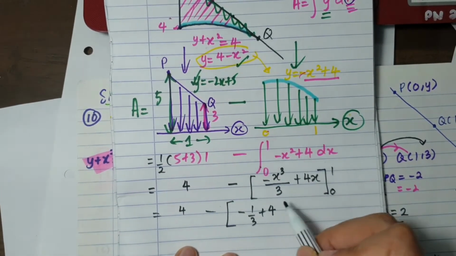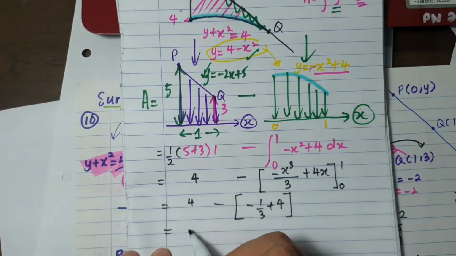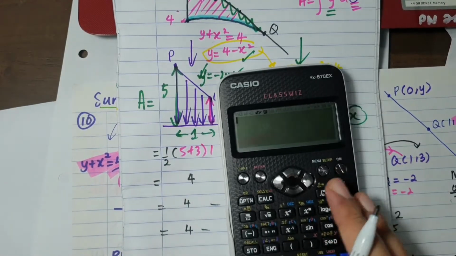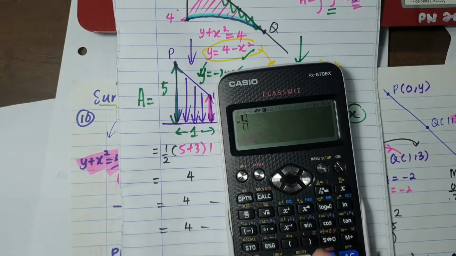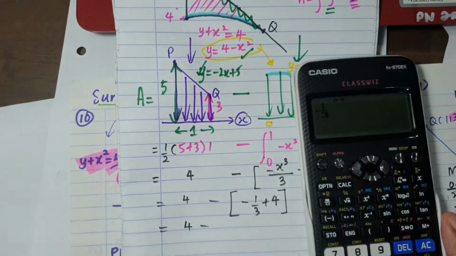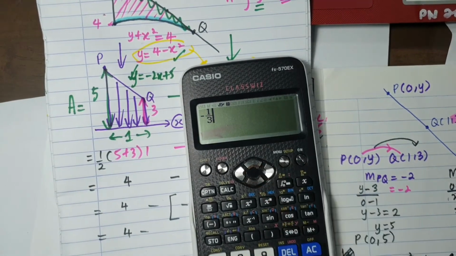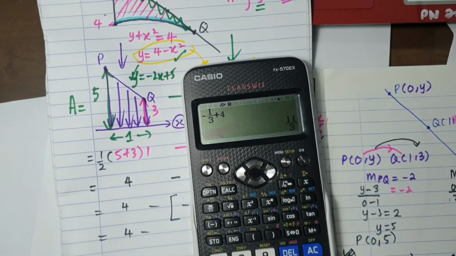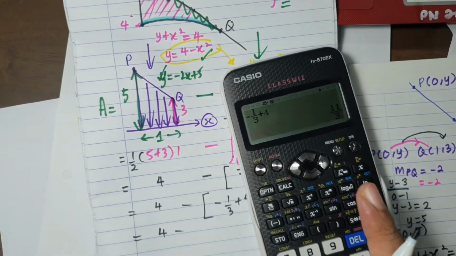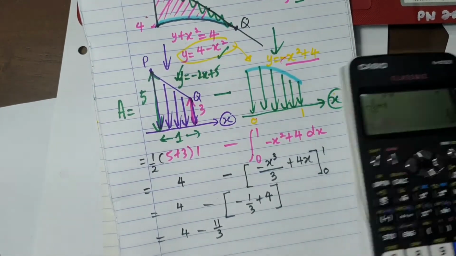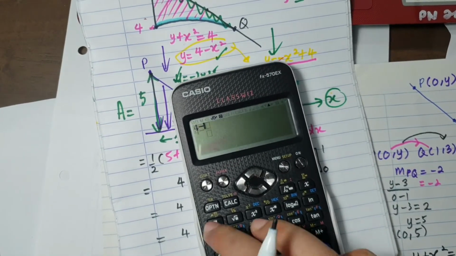Minus, masuk 0 become 0. So nothing change. So dia jadi this one negative 1 over 3 plus 4, which is 11 over 3. So 4 minus 11 over 3.